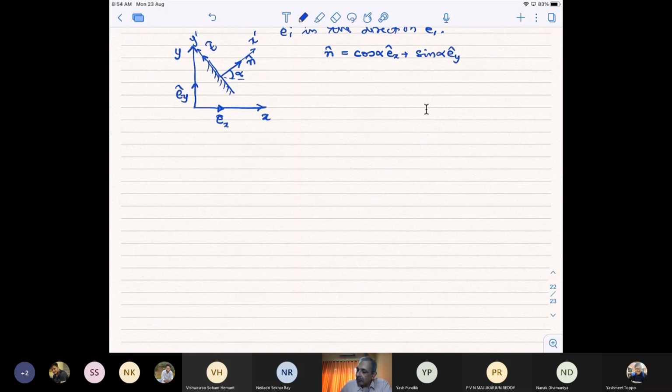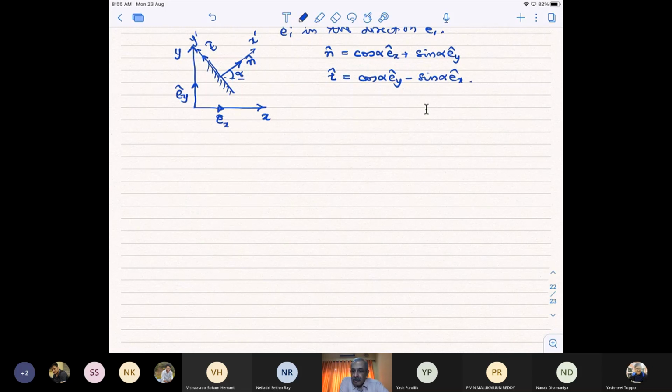So we can write this normal vector, we can take the two components of it, and you will get these two. And similarly, the tangent vector t is equal to cos alpha Ey minus sin alpha Ex.